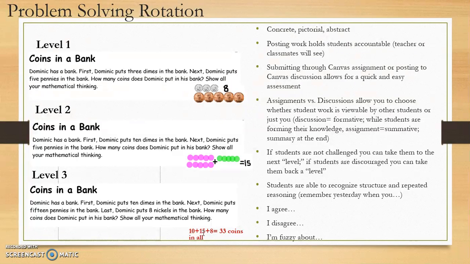This is a great tool to use for the problem-solving rotation, but the way I introduced it as a whole class, it really helped to set up what students would need to do when they were involved in problem solving as a rotation. So I could encourage them again, when you read a problem, think about that struggle time, kind of work to yourself, try and get as far as you can, and then maybe go find someone else who's at the problem solving rotation and have some of that partner share time.